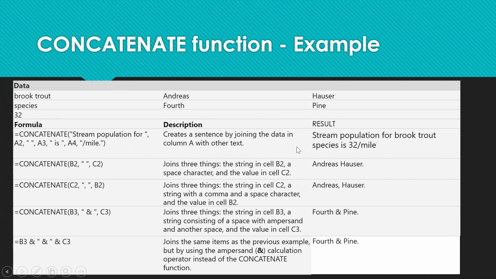The concatenation is A2, A3 and A4: stream population for brook trout species 32 mile. Some things they have given hard coded, typed in the formula itself. Some things are taken from the cells, and they have added spaces in the middle. So this is how you do some concatenation. We saw all these examples, right?